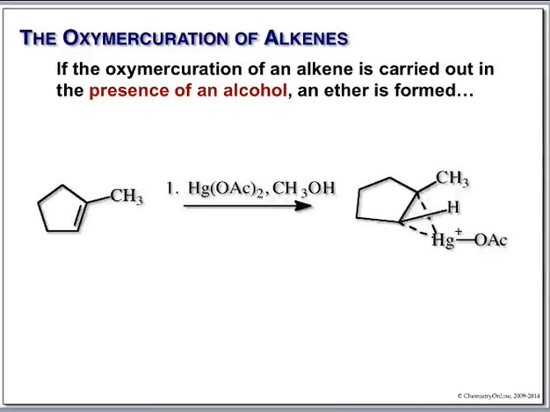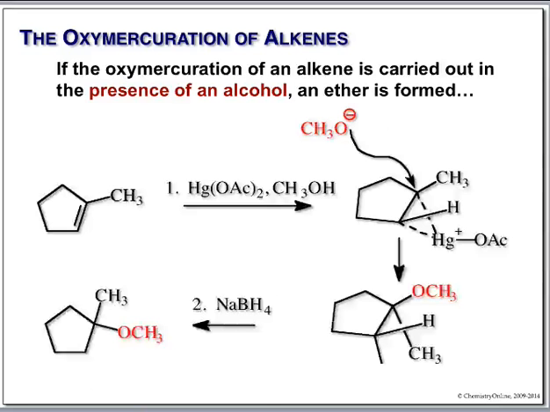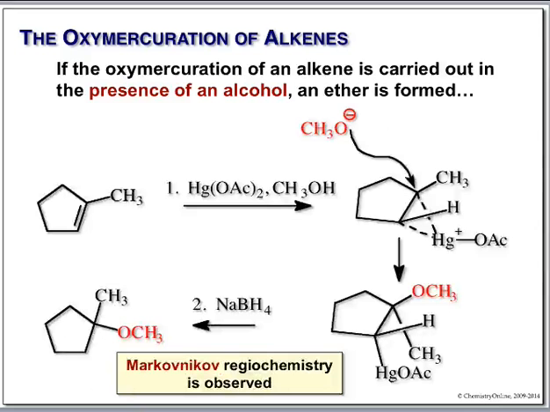Step 2, the nucleophile, in this case methoxide, is going to attack. It's going to attack at the carbon that would give the most stable carbocation. That's why we get Markovnikov regiochemistry. So methoxide attacks, we get our ether.